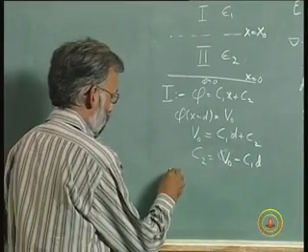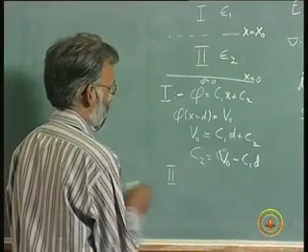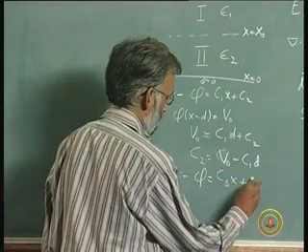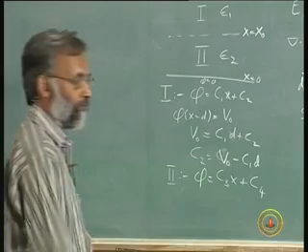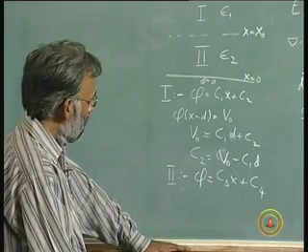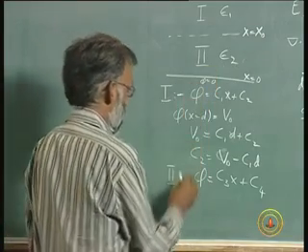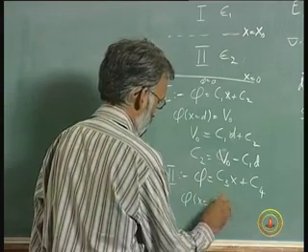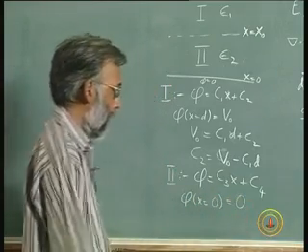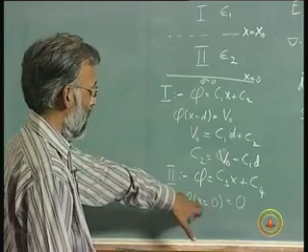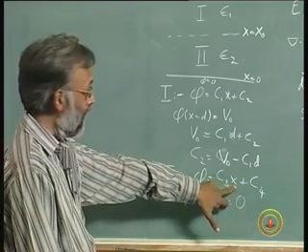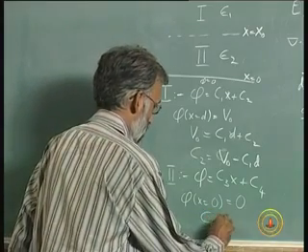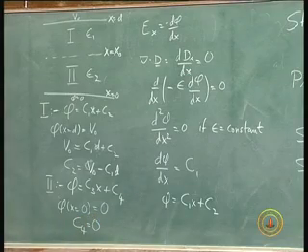In region 2, phi is equal to say C3x plus C4. Now, again I have a piece of information which says phi of x equals 0 is equal to 0. Substituting x equals 0, C3 into 0 goes away. So, 0 equals C4. So, I have C4 equals 0.